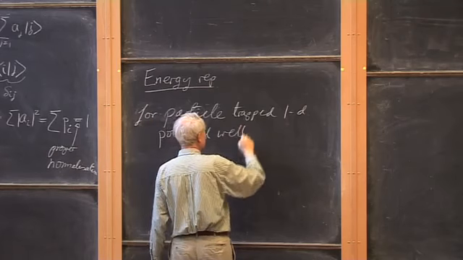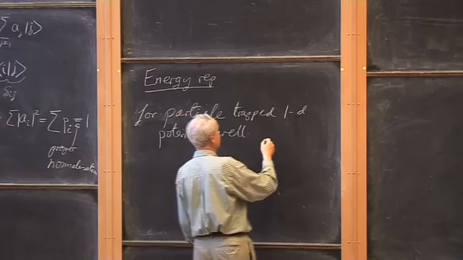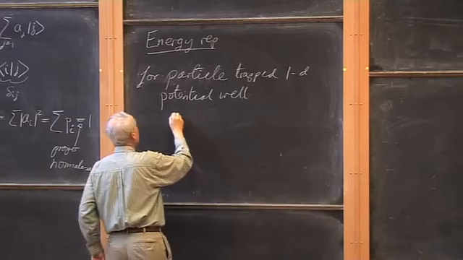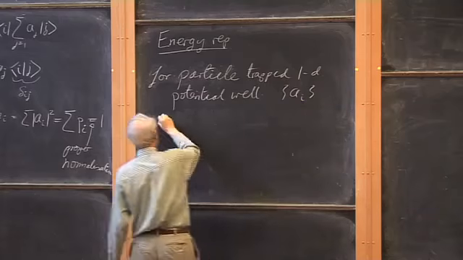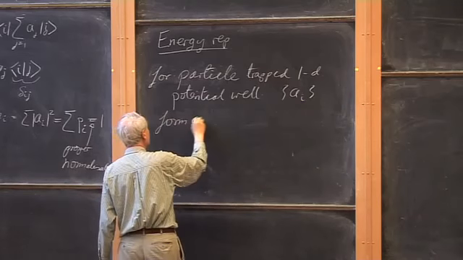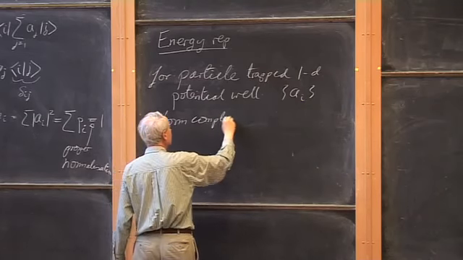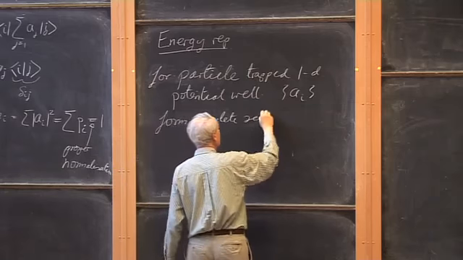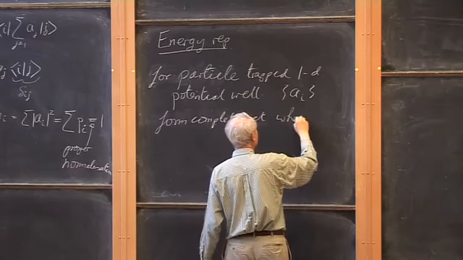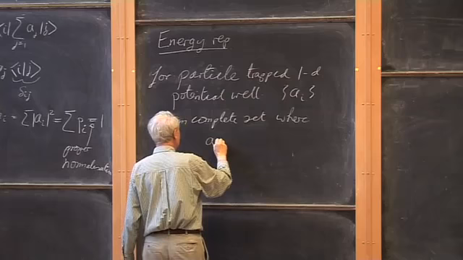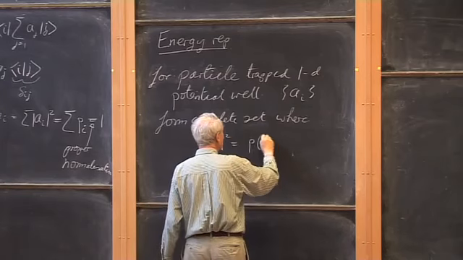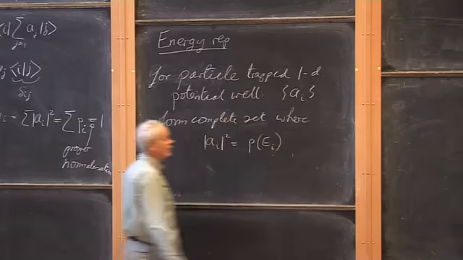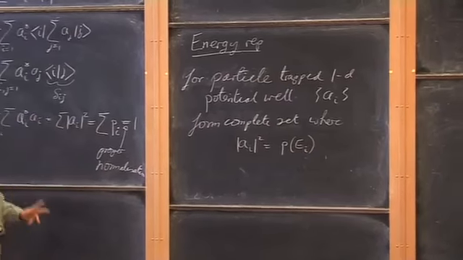We will see that, and I'm asserting for the moment that the Ai form a complete set of amplitudes, where Ai mod squared is the probability of measuring the ith energy, the ith allowed energy, right?